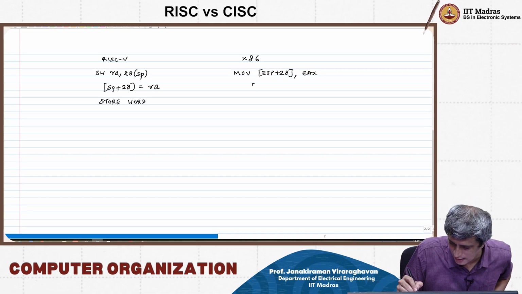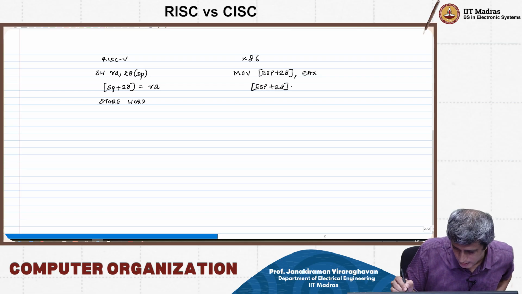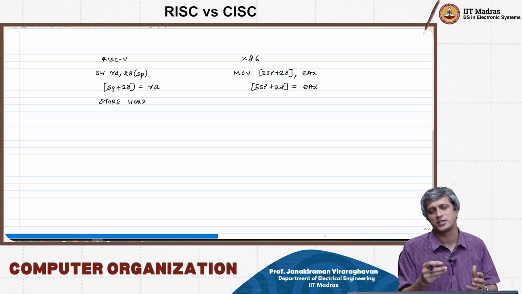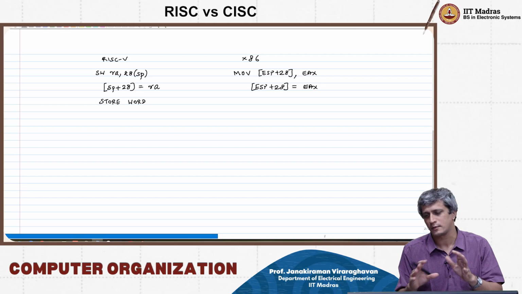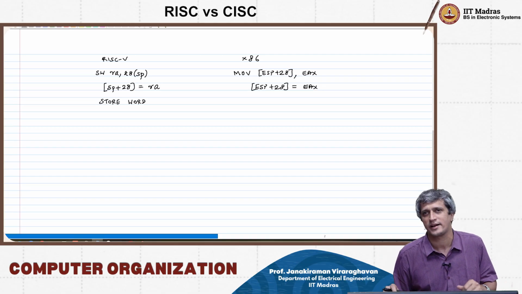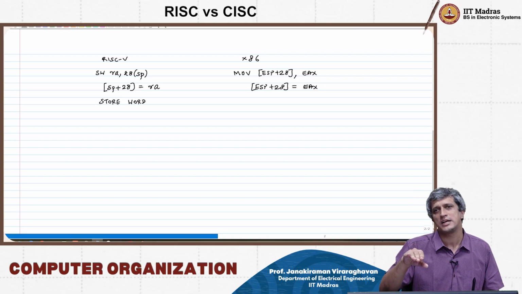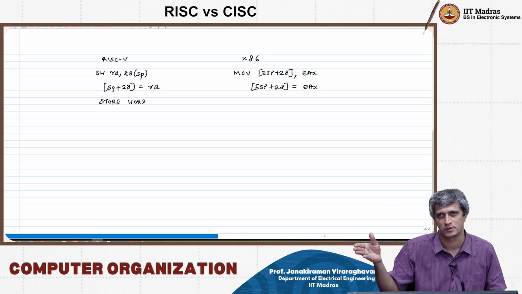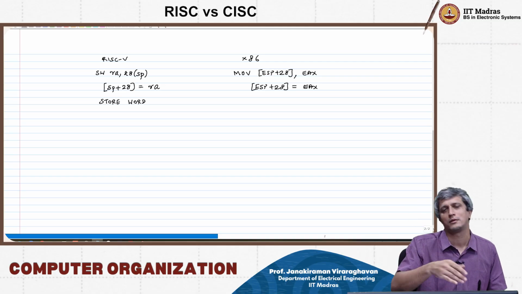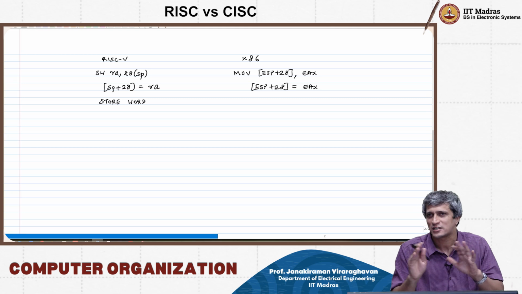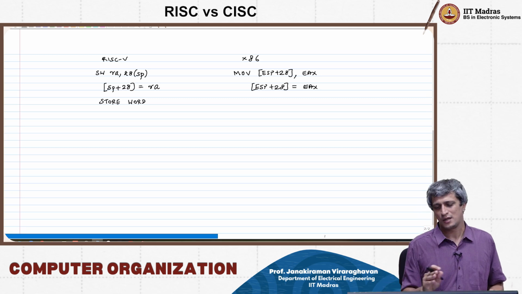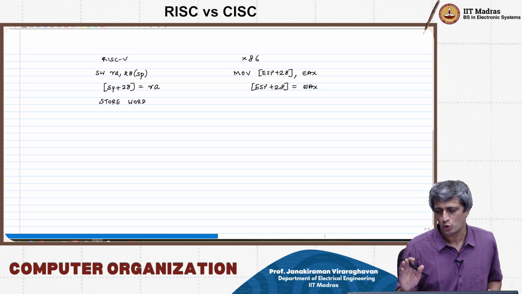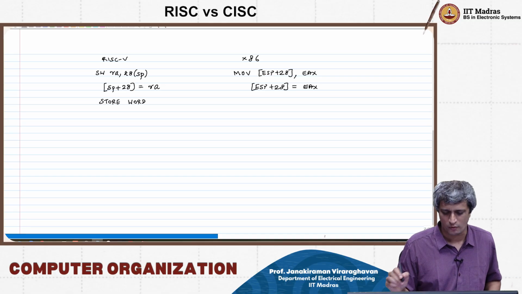Effectively this is exactly what we would have achieved: esp plus 28 equal to eax. It's important to note that this direction was very clear in x86. You always had destination comma source, whereas here that is not as strictly followed. However, that doesn't really matter too much.